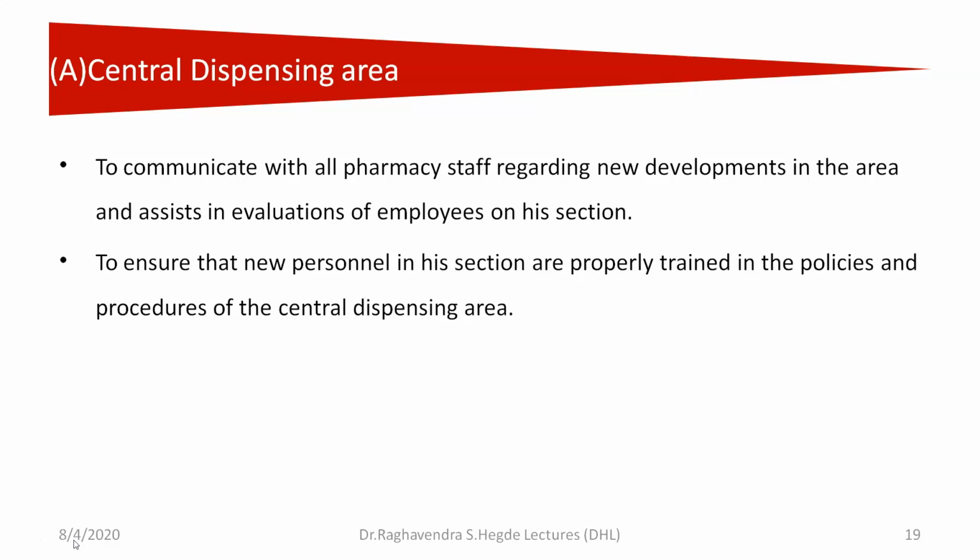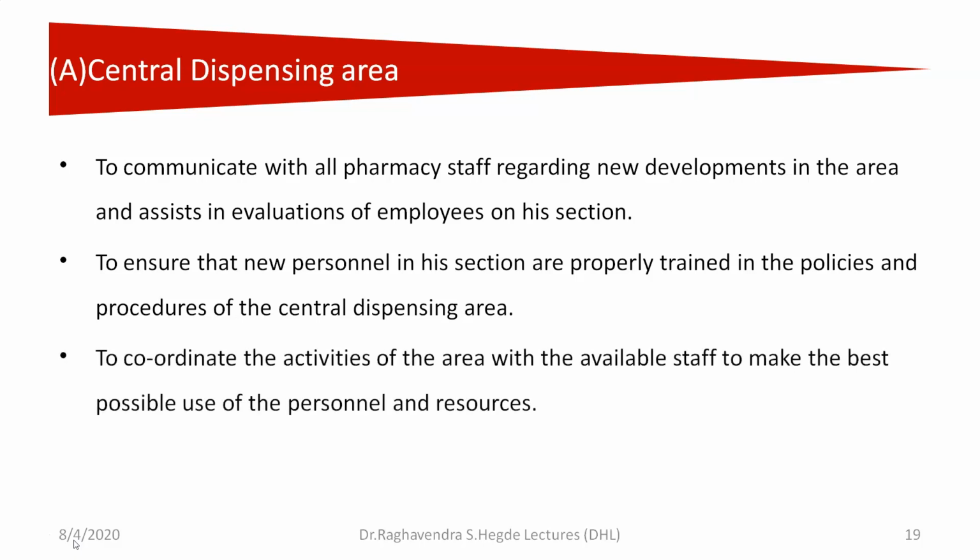You train them on the new policies which have been adopted by the hospital, or by the government hospital, whatever hospital it may belong to. You train the personnel, you list out the policies, and you give the training to the person, and you tell them the overall upliftment of the training and how the central dispensing area performs, whether he may be a junior pharmacist.